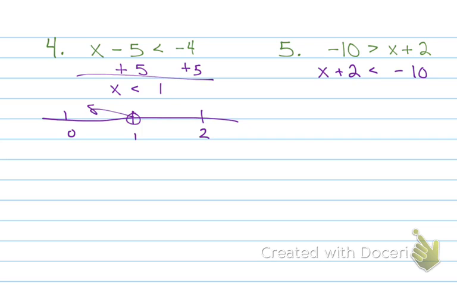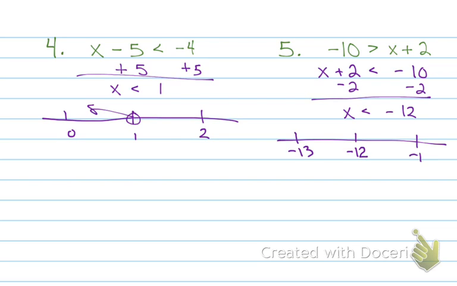Remember, if it's pointing towards the X, when I rewrite it, it needs to still be pointing towards the side with X. What do I do to both sides to solve? Subtract 2. Open dot on negative 12, arrow going left. Who got both of those right? Great job. Now number 6 and number 7.